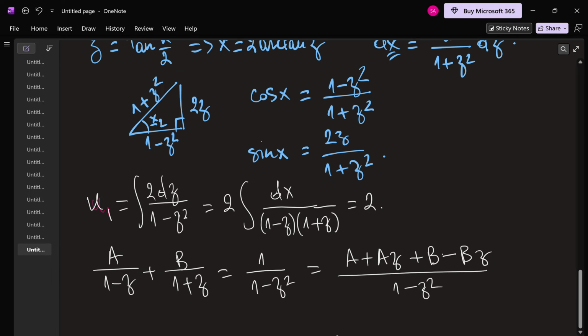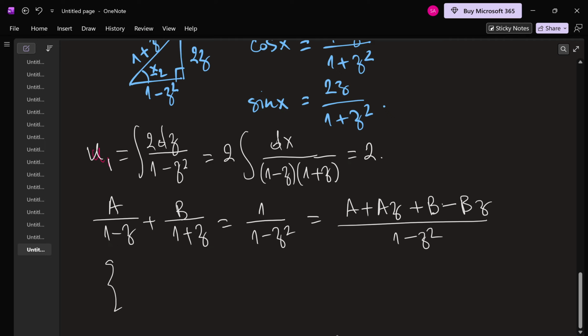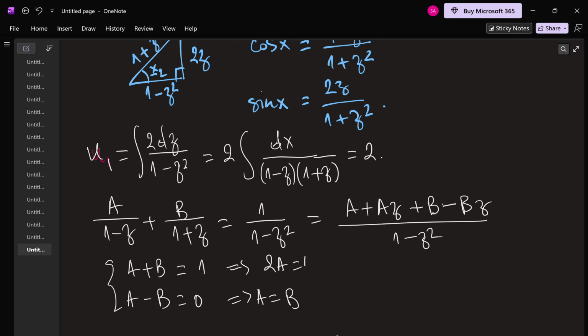So you collect, and a plus b is equal to 1, and a minus b is equal to 0 since we don't have z. So a is equal to b, and 2a is equal to 1, so a is equal to 1 half and b also is equal to 1 half.